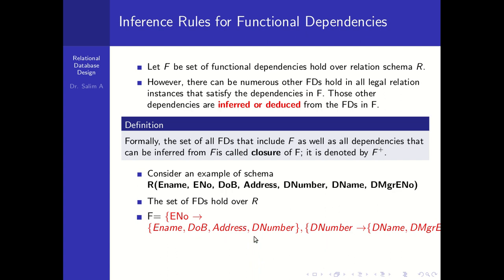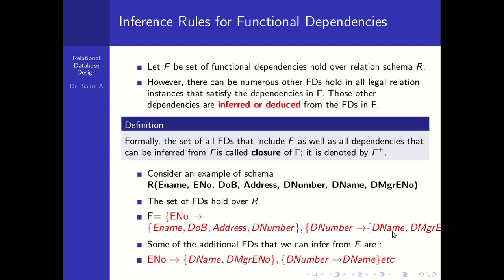Given these two FDs, you can have some other FDs like E number determines D name, or E number determines D manager, or D number determines D name. These are other possible FDs. Given these two FDs, you can have other inferred FDs together. The entire FD set is known as the closure. Therefore, finding the closure is actually a difficult task.